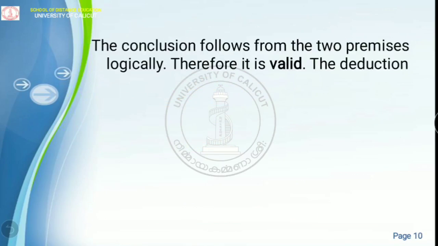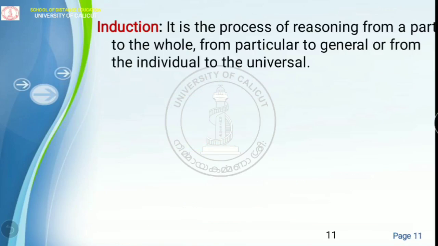The next method of building theory is called induction or inductive reasoning. Inductive reasoning is a process of reasoning from part to whole. It is just the opposite of deductive reasoning.